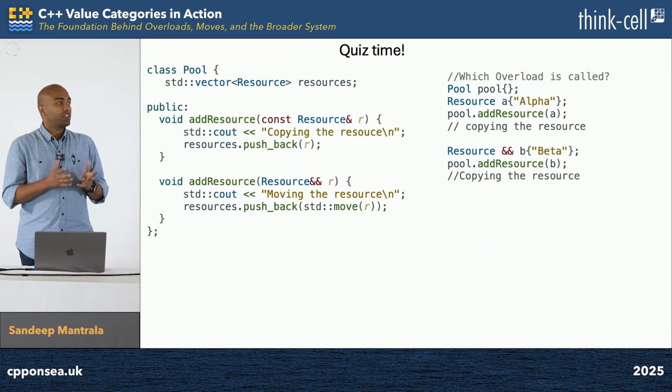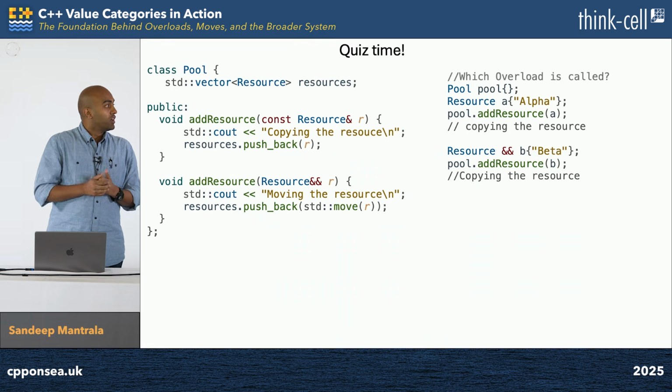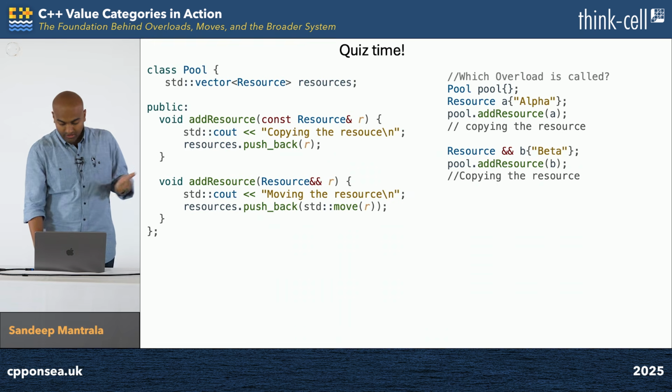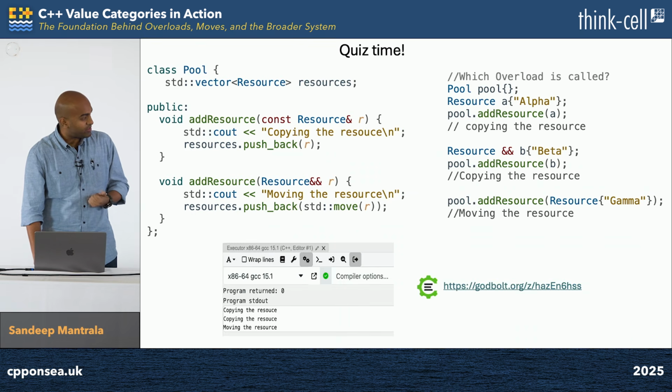This is confusing in the beginning, but once you know it, it will not be confusing at all. So in this case, number one is called. So here, which one gets called? One or two? Two, yeah, because it's a temporary. Just what we discussed here.